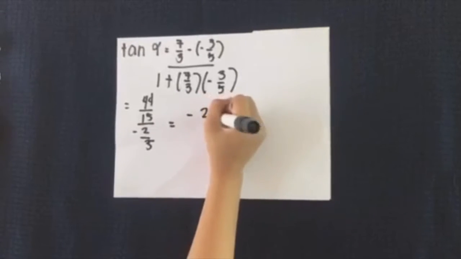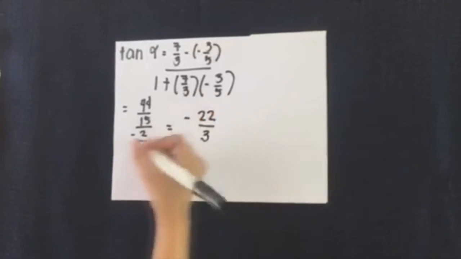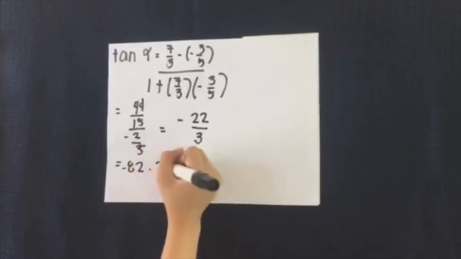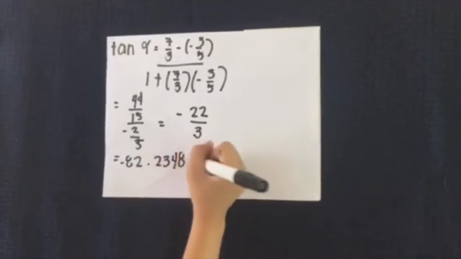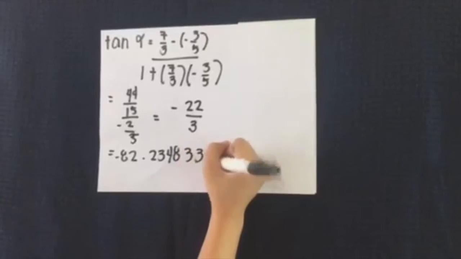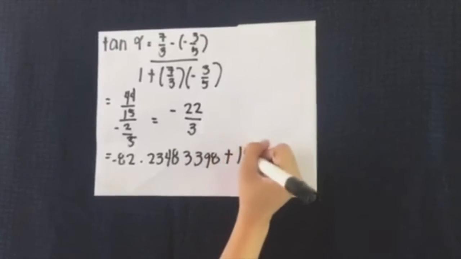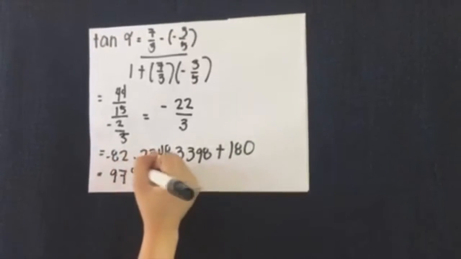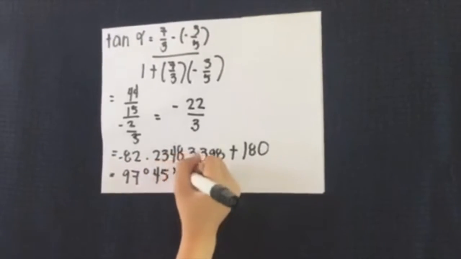This is also equal to negative 22 over 3, which equals negative 82.23483398 plus 180. And you will get 97 degrees, 45 minutes, and 54.6 seconds.